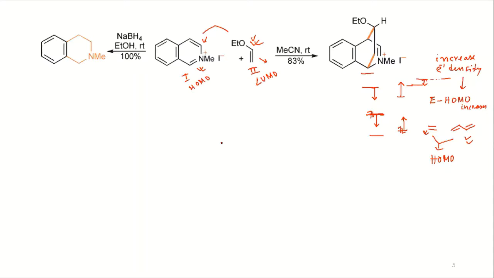Okay. Now if you take this is HOMO, this is LUMO, and if you take this is LUMO, this is HOMO, what is happening? The gap is increasing or decreasing between this HOMO and LUMO? Increasing. If it is increasing, reaction will happen or not?